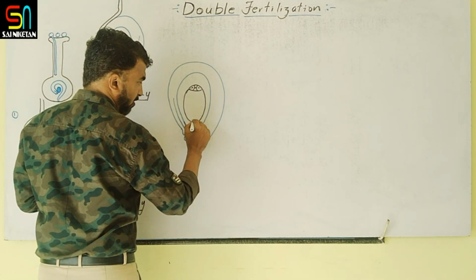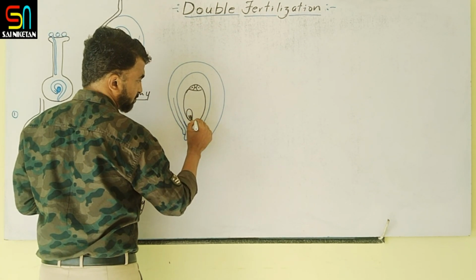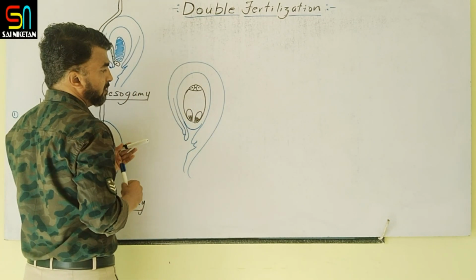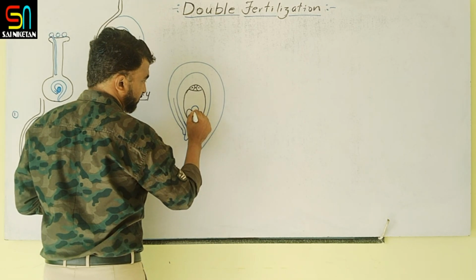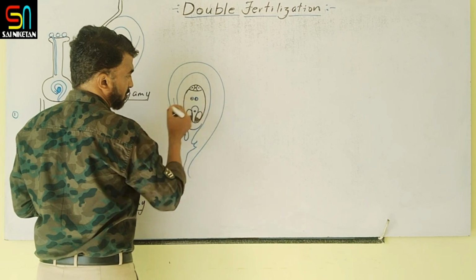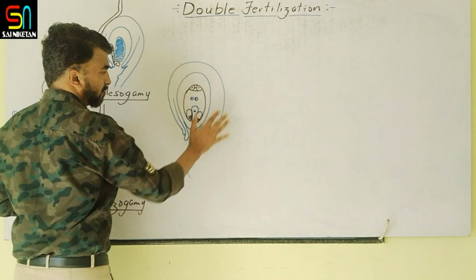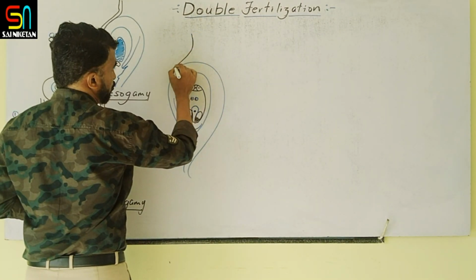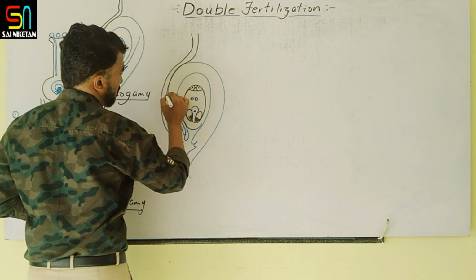Toward the micropylar end, two synergids are there. In the center, the egg is there. In the center of the cell, two polar nuclei are present. So this is the 7-celled, 8-nucleate embryo sac present in the anatropous ovule. So when the pollen tube comes toward the micropylar end, clear?